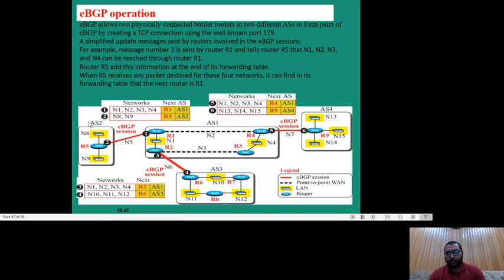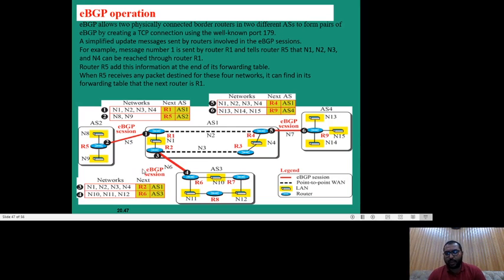So for router 1 you can have these entries. For router 2 you have the next router. For R5, the autonomous system is represented as autonomous system 2, and the networks connected there are N8 and N9.